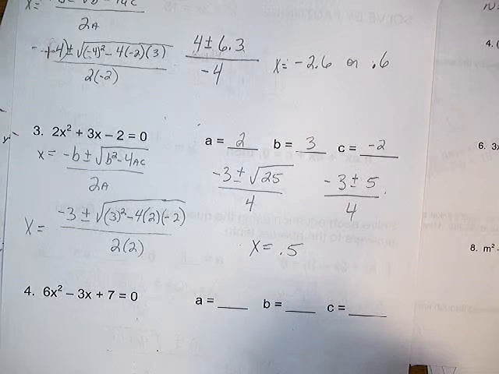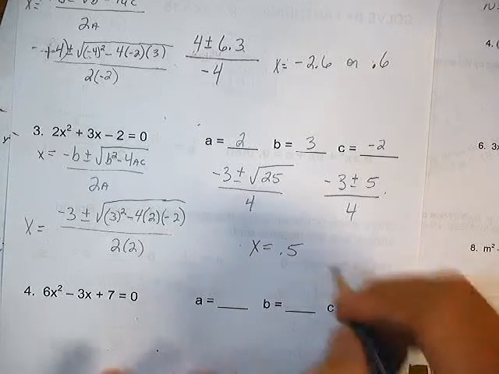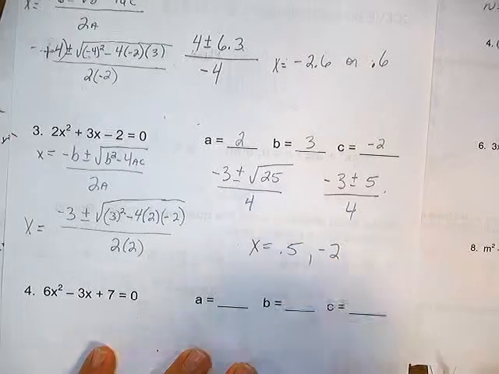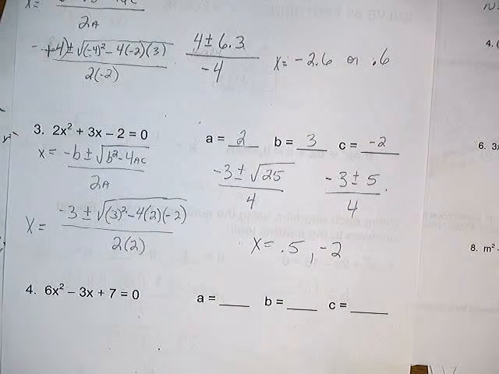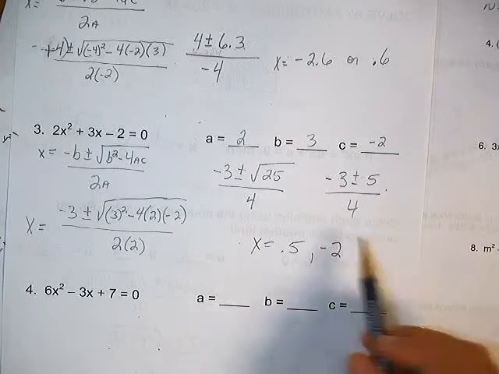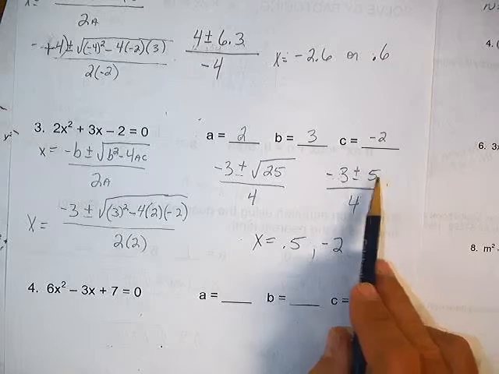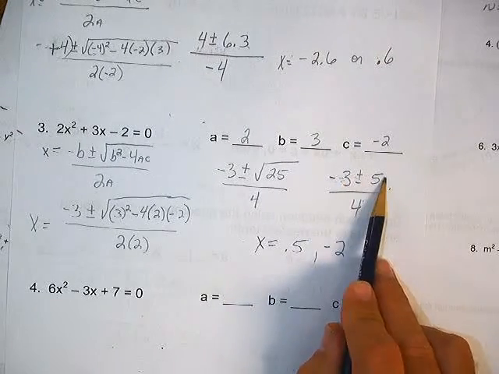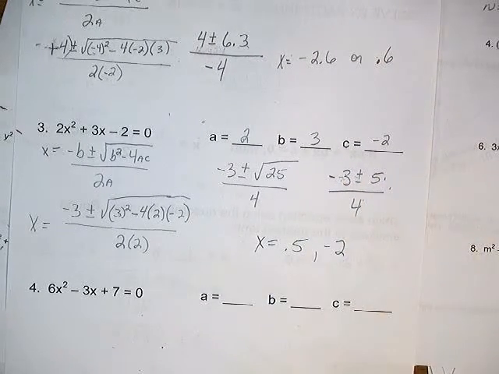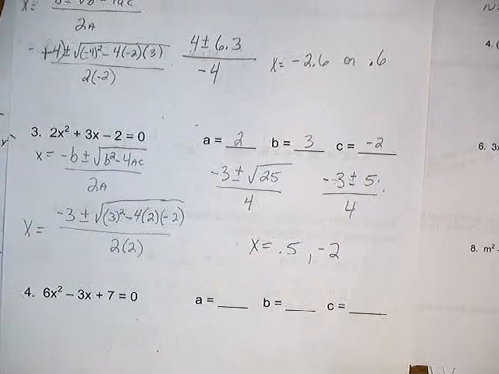See, that's why. Did you get it that time? That's why I stress to hit that enter, because when you put it in your calculator, instead of dividing the -3 plus 5 by 4, it's just dividing the 5 by that 4. Okay?